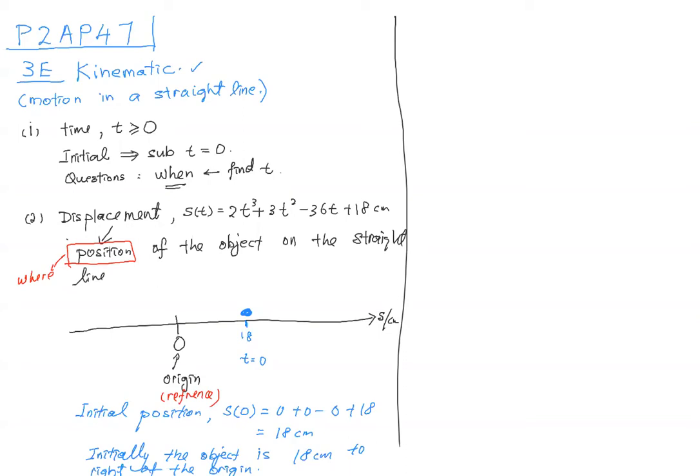Student: Miss, if it's negative 18, do we say 18 to the left of the origin? Let me give you an example. After 1 second, where is the object?